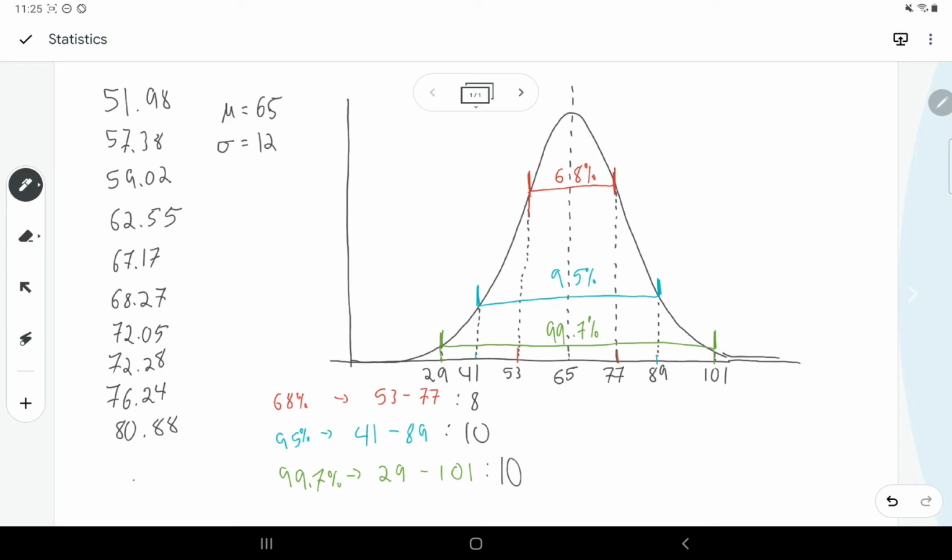Okay, so that's how many of our terms fall within each of these bins. Now we just need to find, well, what percent is that? Well, to find a percent from a proportion, you take the number of terms that you have and divide by the total number of terms. So in that case, that's going to be 8 divided by 10 equals 0.8. So that's a decimal, so if we convert that into a percent, we'll get 80%.